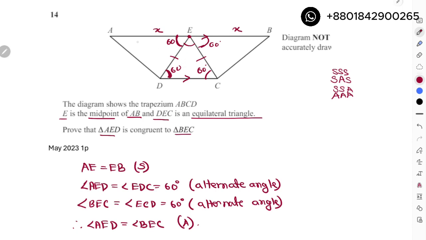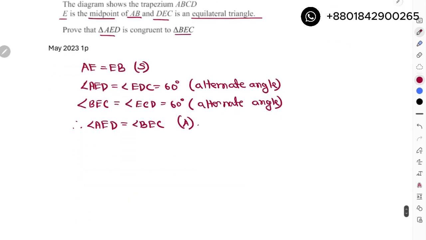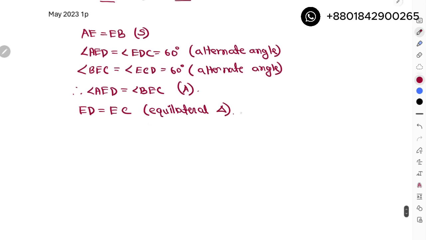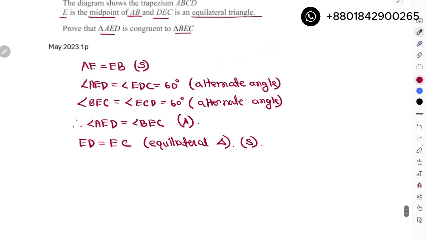And in triangles AED and BEC, two sides are again of the same length, right? So we can say that ED and EC are the same, because these are the sides of the equilateral triangle. So if they are equal, this also proves another side, right? So this is it, side angle side. We have matched two sides and one angle.